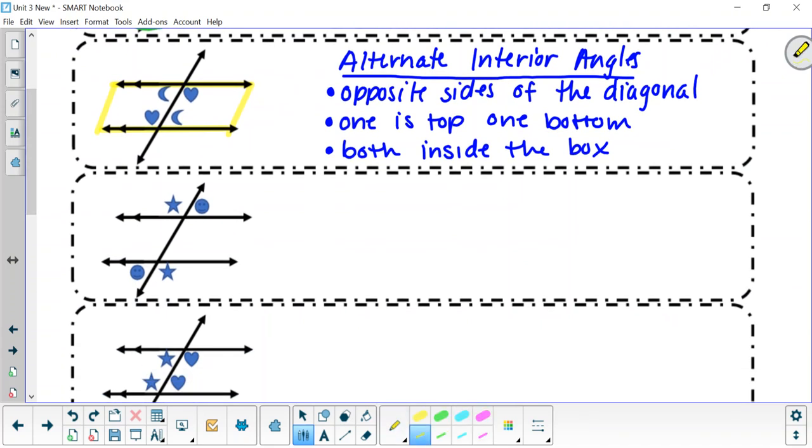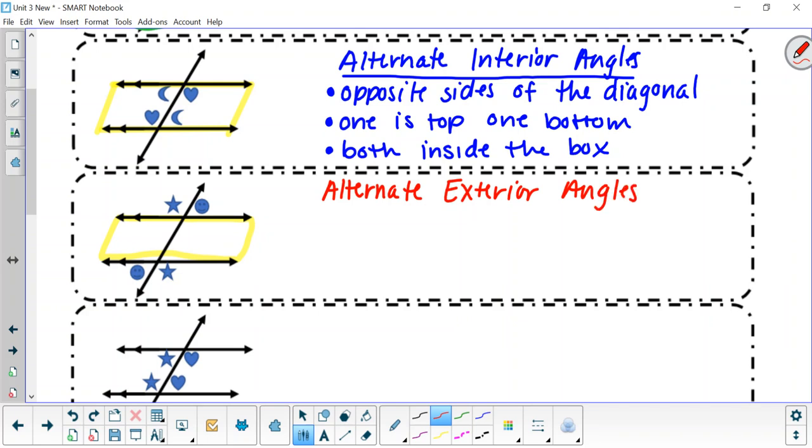Okay, so again, next problem, draw your box. These are called alternate exterior angles. These are pretty similar to the one we just did, except the only difference is they have to be outside of our box.